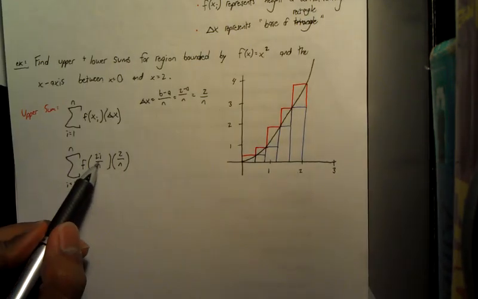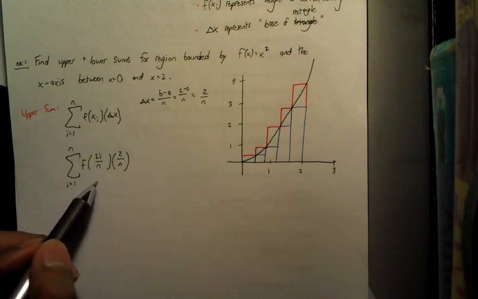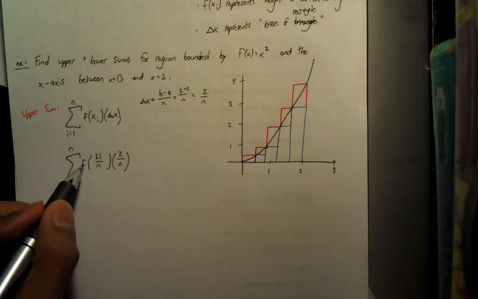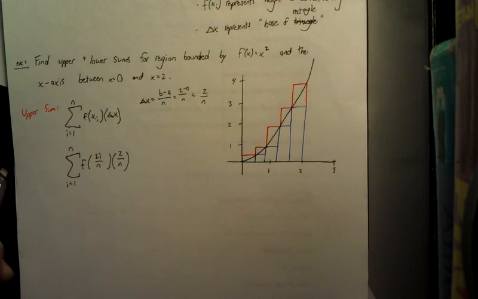So when i equals 1, that means we're taking the first rectangle, which means it'll be f of 2 over n, and that will be the height of our first rectangle.